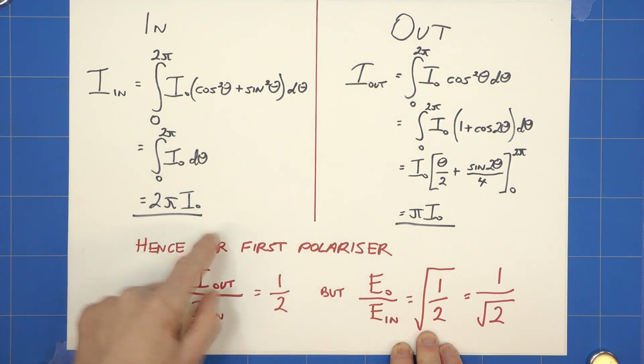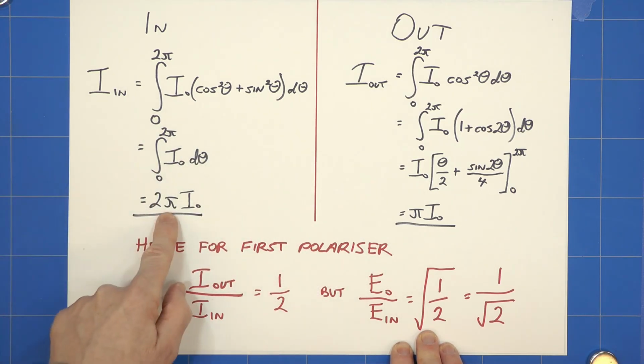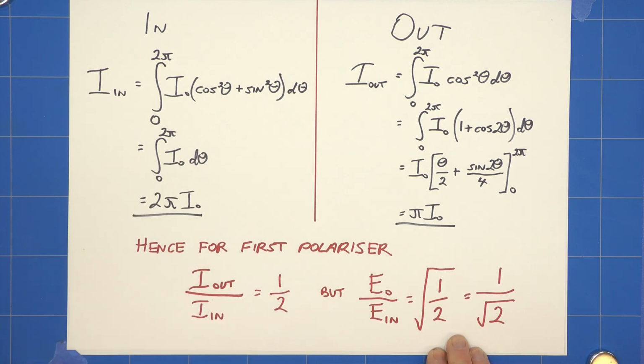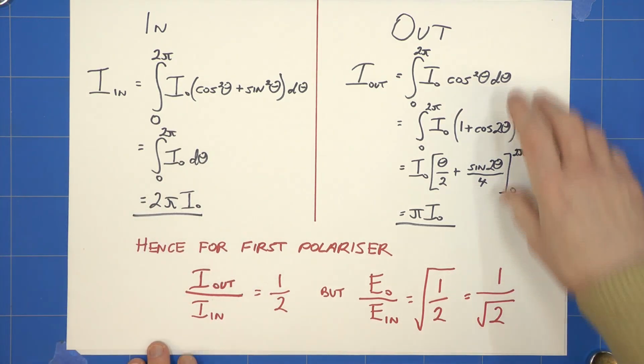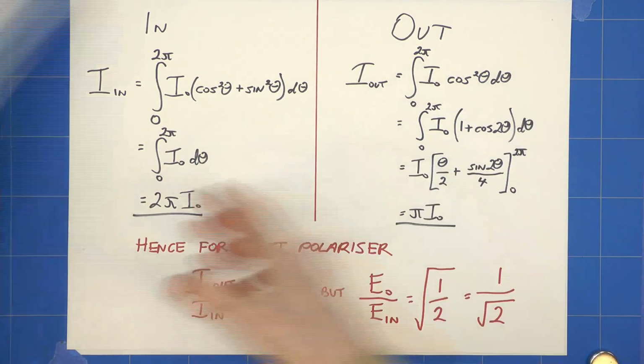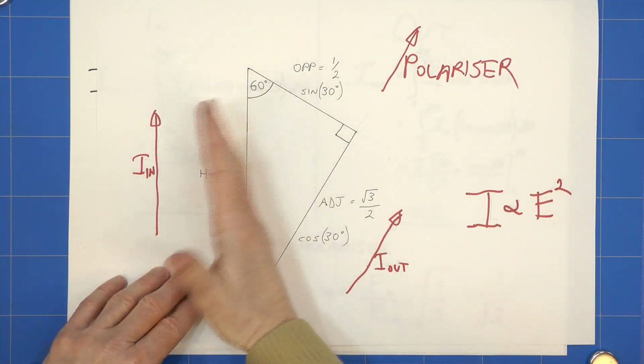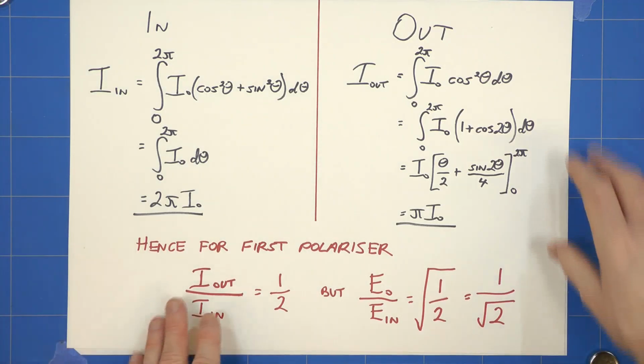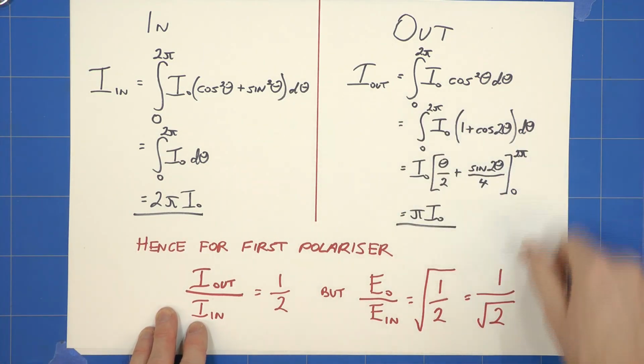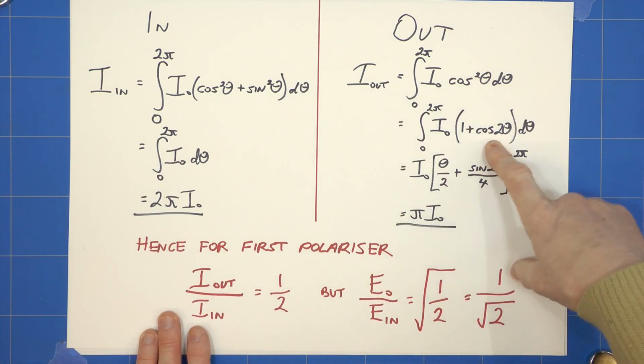That reduces to 1. For I in, we get 2 pi I0. For the output, which is going to be just the cosine term, we need to do this integral, a simple double angle substitution.